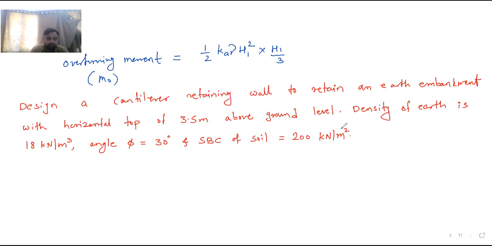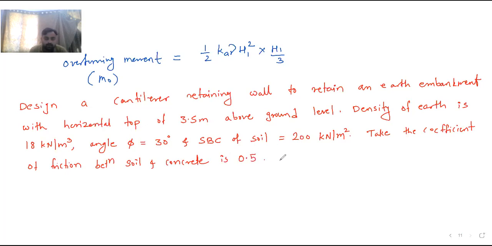Take the coefficient of friction between soil and concrete as 0.5.